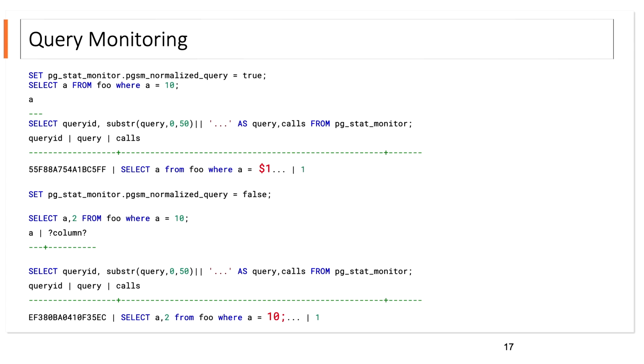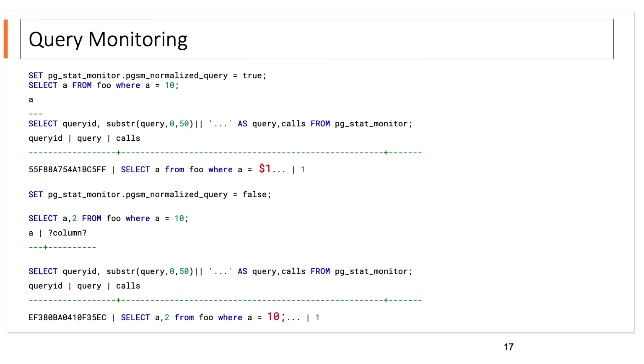So previously, in PGStat statement we have that information only, but in PGStat monitor, if you set normalized query to false, then it will show you the actual value. So why is it important? Sometimes actual values take more time. Like if 1 million records are there for A is equal to 10, this query will take more time.